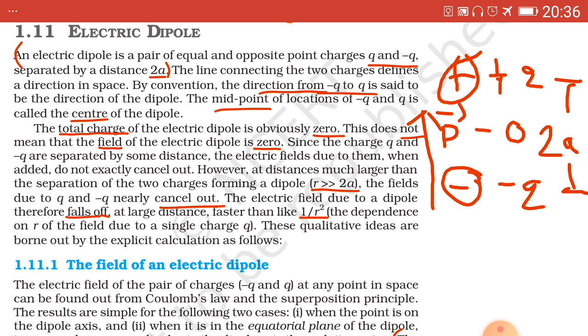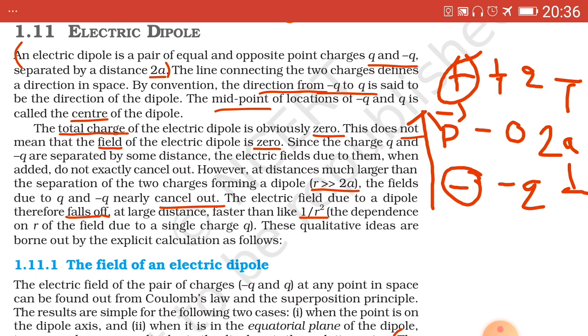Number 3. Who first introduced the concept of electric field and lines of force? Number 4. The magnitude of electric field at a point depends on dash of that point from the charge.